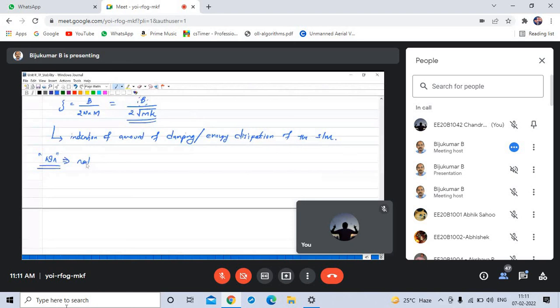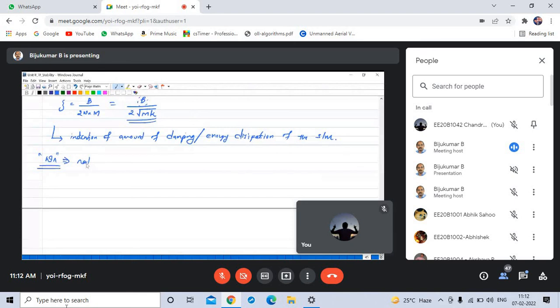And consider there is no input. U of t is 0. Initial conditions are not 0. Y of 0 is not 0. Okay. So if U of t is 0 and there are some initial conditions, what is the name of that response?